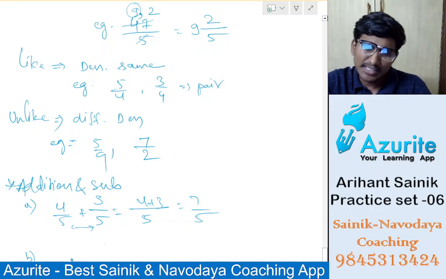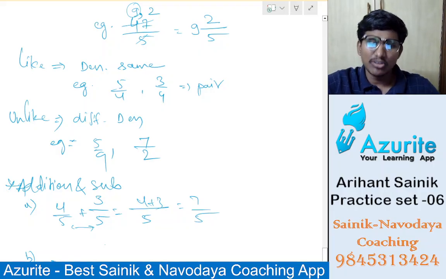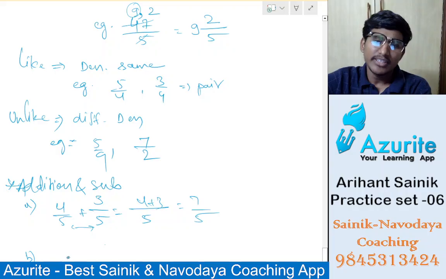If the denominators are different, we have to make the different denominators the same by multiplying. So here, if it is like 2 by 5 plus 4 by 3, the denominators are different, so we have to take the LCM. 3 and 5, 15 will be the LCM.